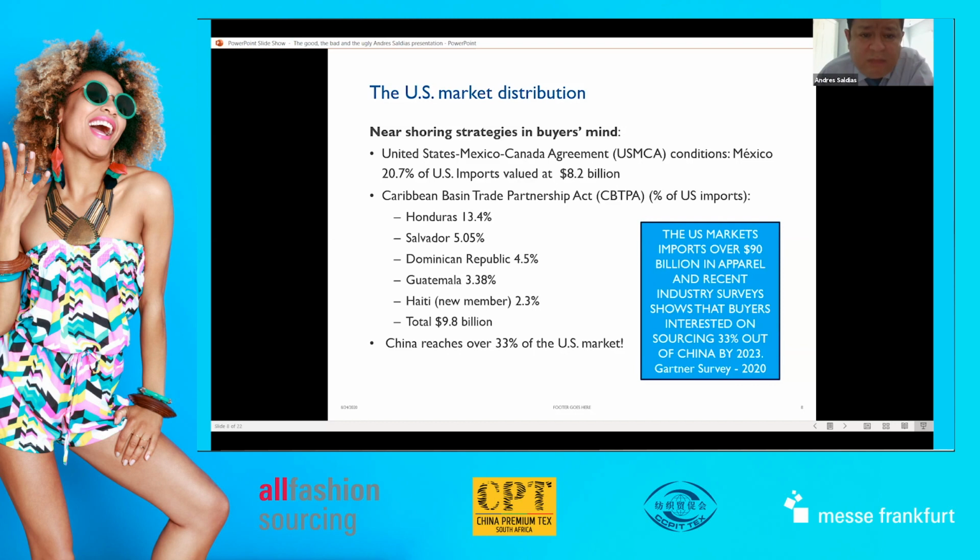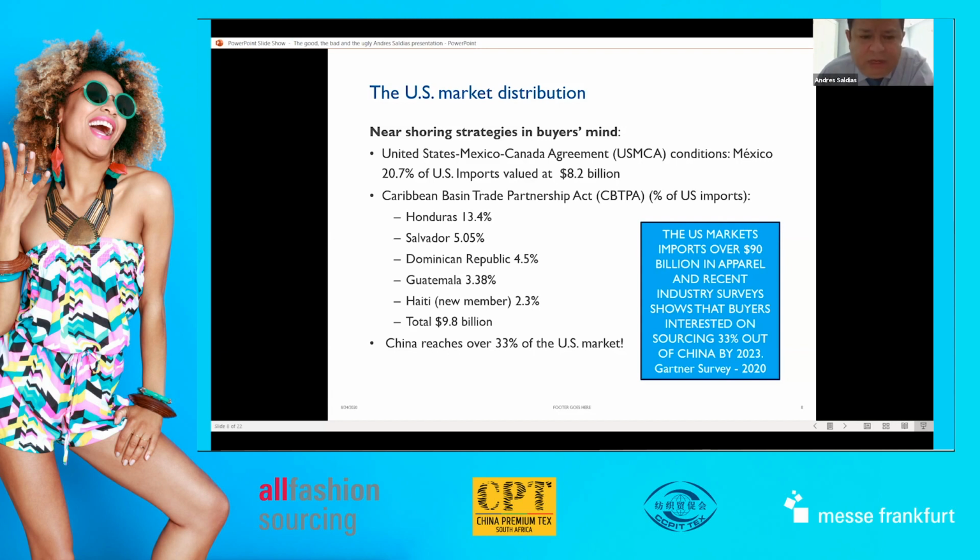Honduras supplies 13.4% of what the US buys, El Salvador 5.05, Guatemala 3.38, Haiti, a new member, 2.3. But on the other side, for Honduras, textile and apparel is 67% of the GDP, of their internal revenue. So there are textile countries that live off this industry.